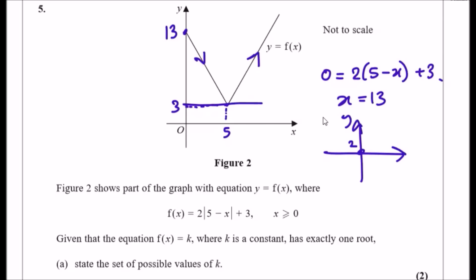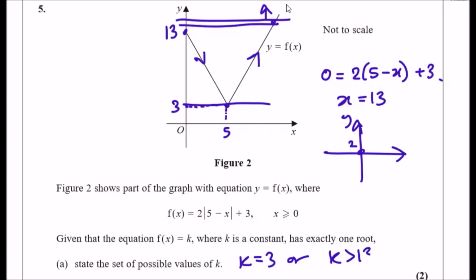If you draw the straight line here, you could hit this exactly at 1 point, or any point above 13, because you can hit here or here and so on. If you hit anywhere between 13 and 3, it's going to be 2 points. So the set of possible values of k is k equals 3, or k bigger than 13. That's it. Not bad.